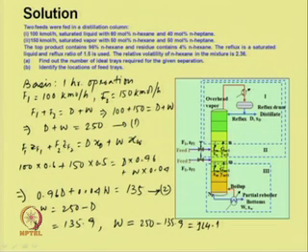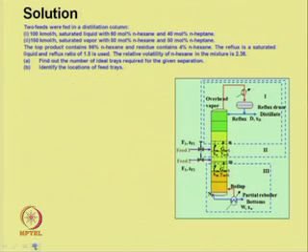So, the distillate and the bottom flow rate we were able to calculate with the total material balance.